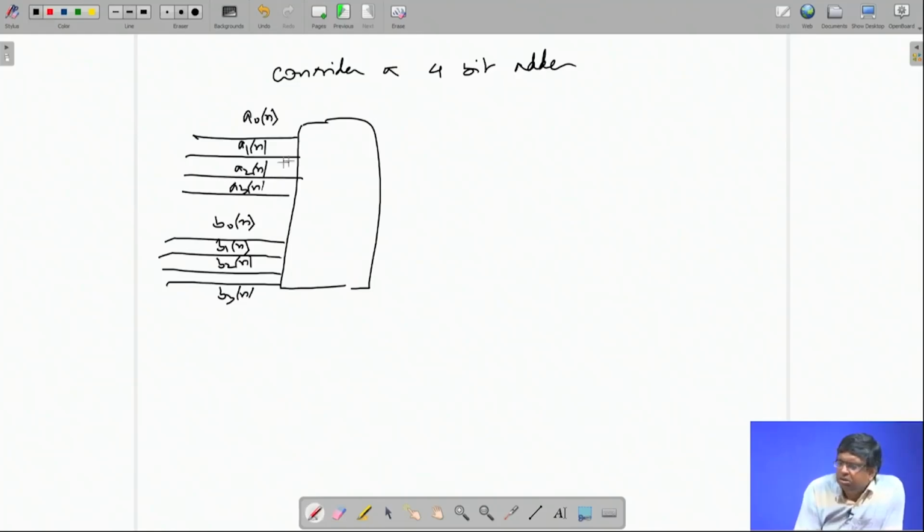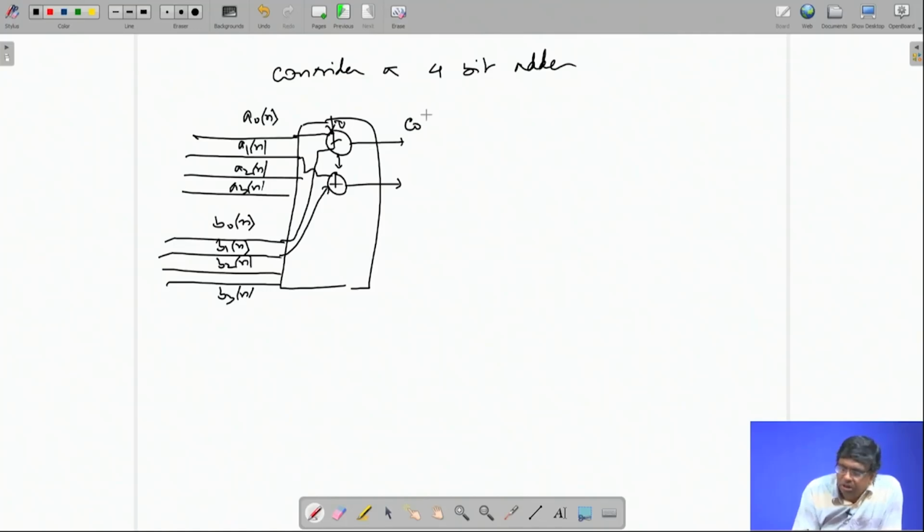What do we do? This is known to all of us who have done a single course on basic digital electronics. You take A0n and B0n, have a full adder, initial carry is 0, give the result, new carry, then again use the same full adder. So, adders are parallel, new result.